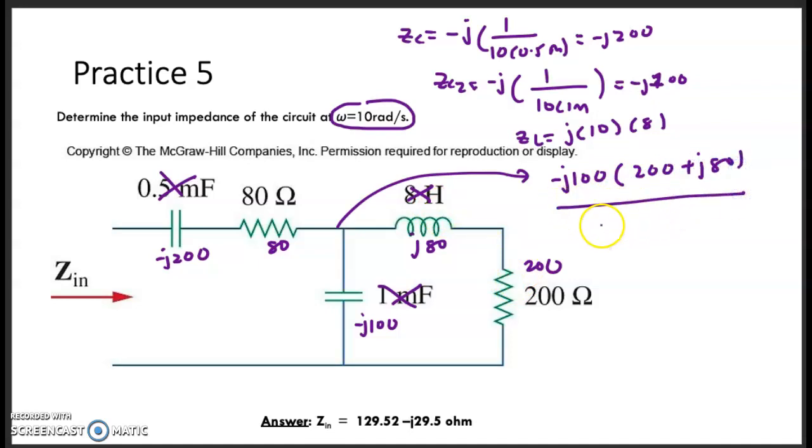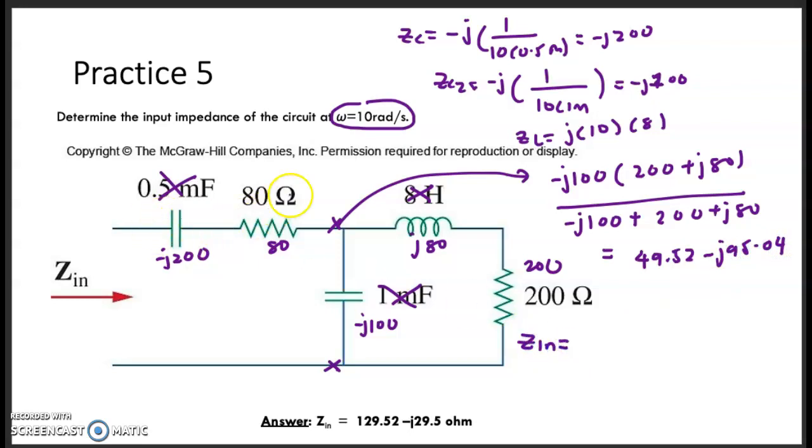So multiply minus J100 by 200 plus J80, divided by minus J100 plus 200 plus J80. You can get the equivalent at this point. Let's calculate this one first. You get around 49.52 minus J95.04.